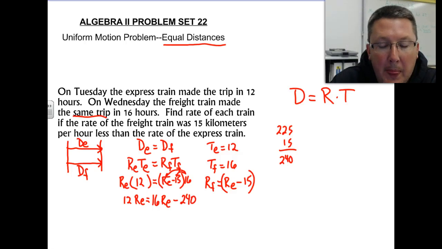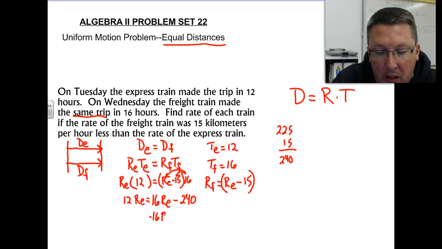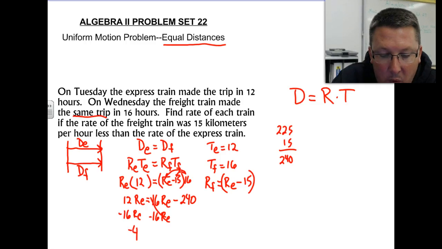Hopefully I did that right. Okay, now we can finish solving here. Subtract 16RE. So that's negative 4RE equals negative 240.